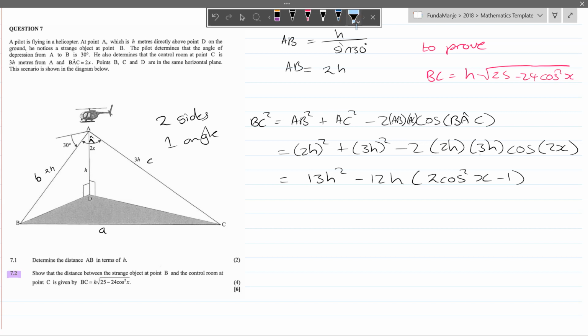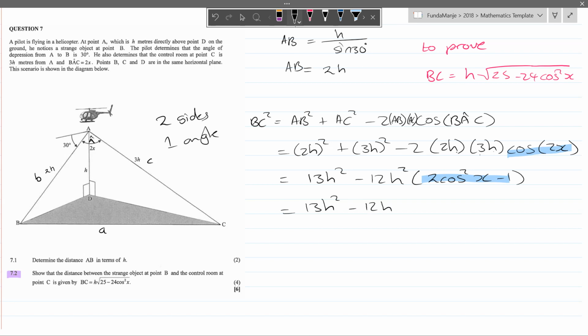So I'll just highlight this as that. That's an identity. And we can continue. 13h squared, this is supposed to be 12h squared, since h times h gives us h squared. And yeah, at this point we can multiply in.